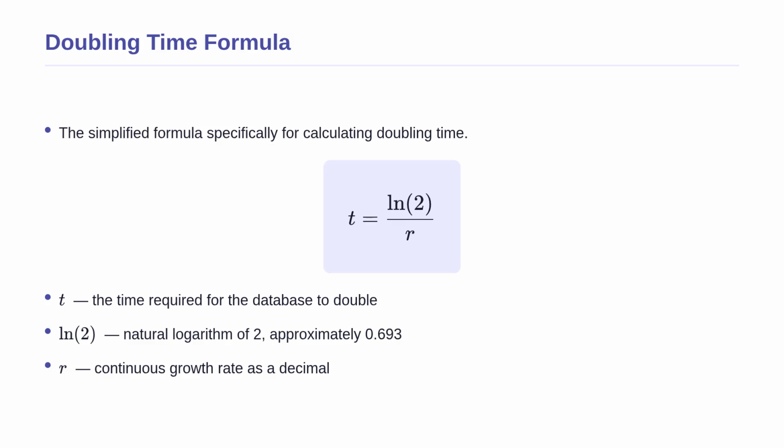The denominator, r, is our continuous growth rate, expressed as a decimal. Notice that the initial size of the database is completely absent from this formula. If the growth rate, r, increases, the denominator gets larger, which physically means the time required to double becomes much shorter.